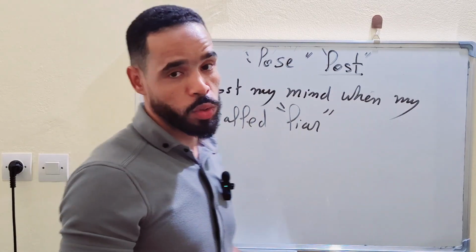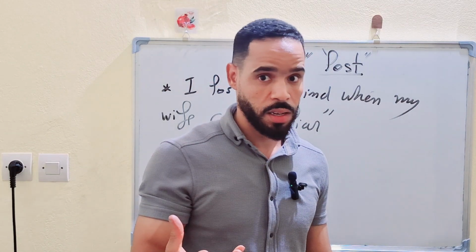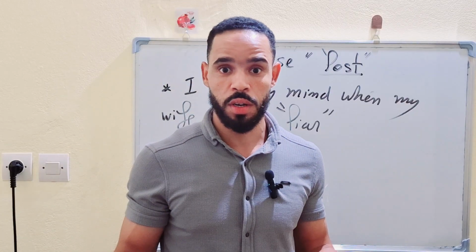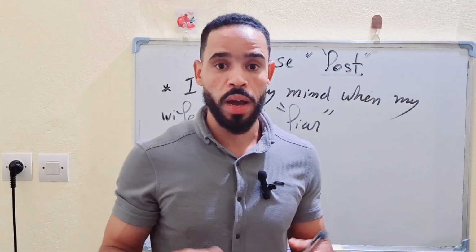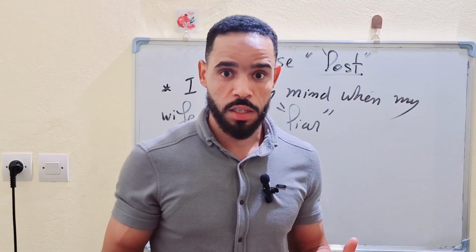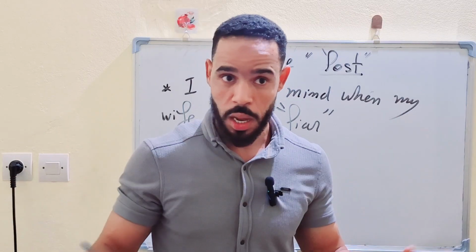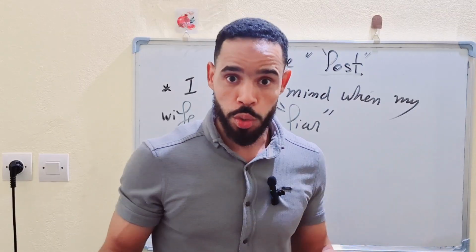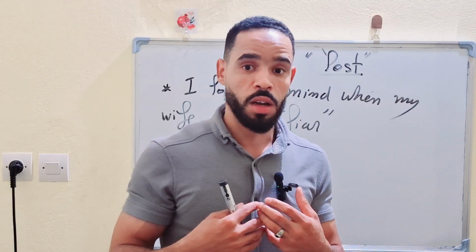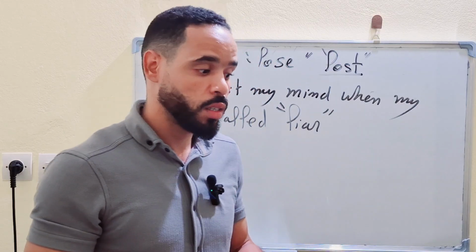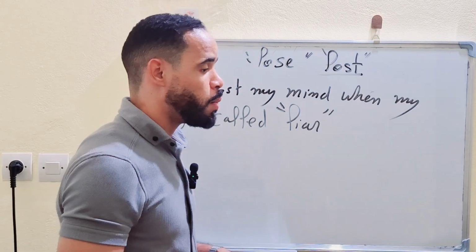I lost my mind, which means I started acting, behaving like a crazy person. I started doing foolish things, doing stupid things, like screaming, like shouting, like being rude, being mean, using aggressive language and stuff like this. Is it clear? This is what we mean by losing my mind.